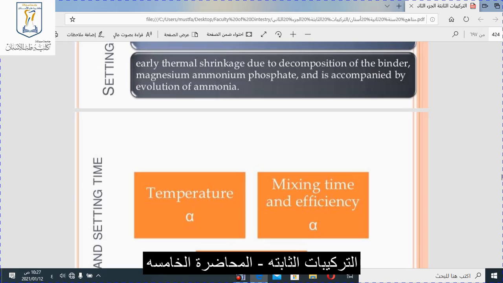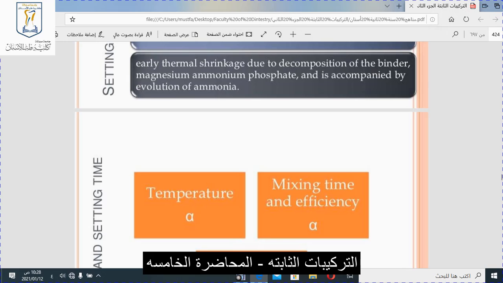But setting expansion and hygroscopic expansion are given by the gypsum bonded investment as a binder. The thermal expansion is given by the refractory material, which is the silica. In the case of phosphate bonded, silicate bonded, magnesia based, zirconia based, the other three, it will give only the thermal expansion by the silica.